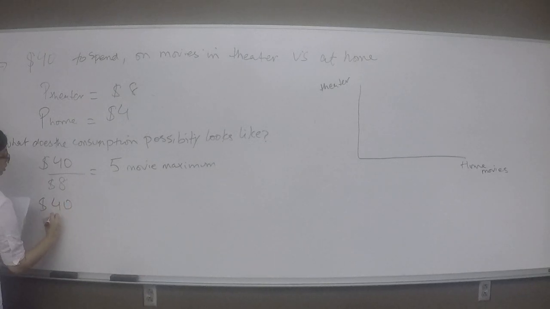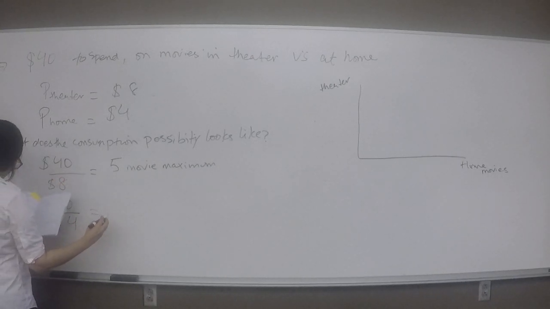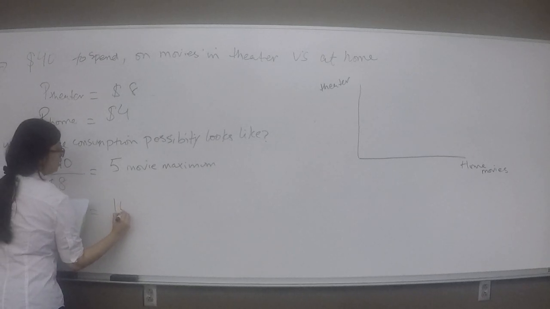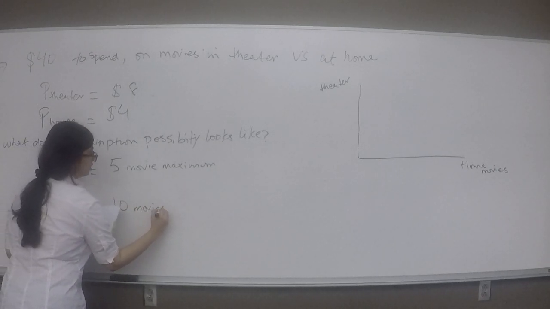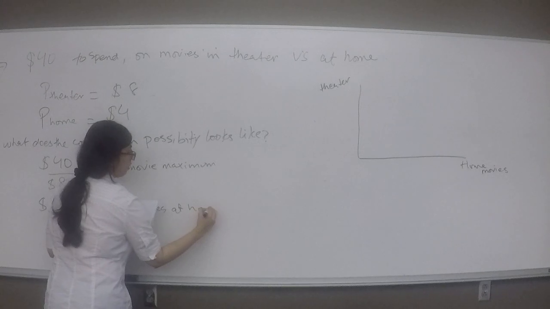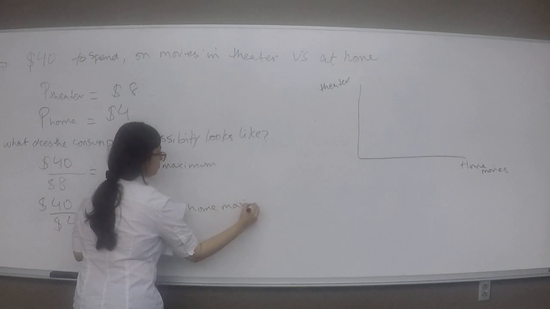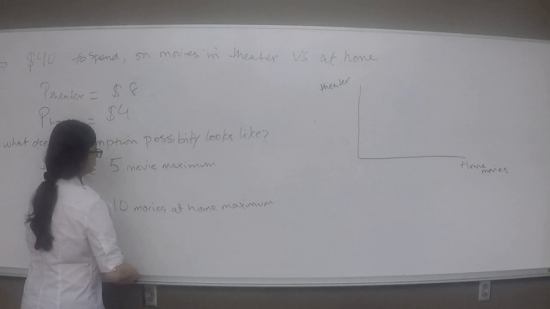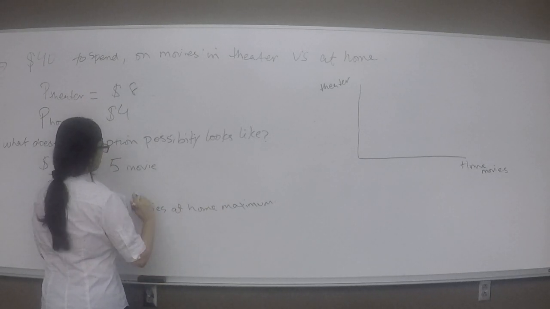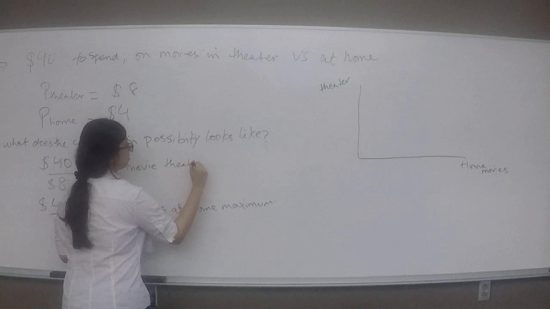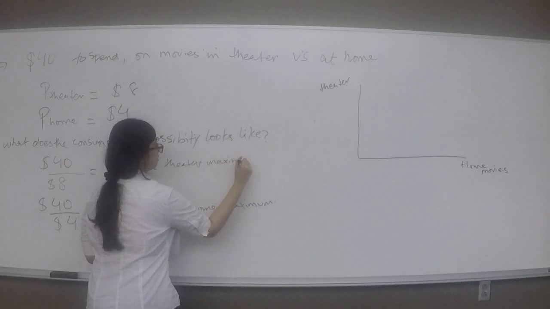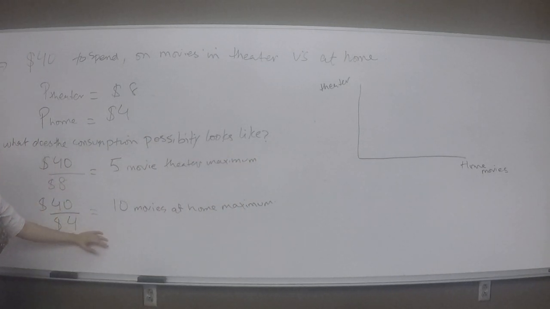With $40 of income and $4 for home movies, you could watch 10 movies at home maximum. So 5 movies in the theater maximum and 10 movies at home.